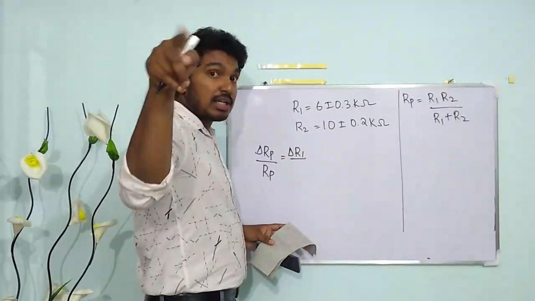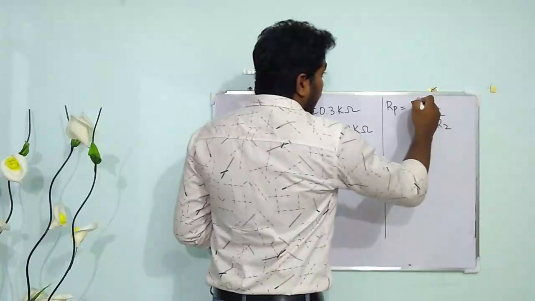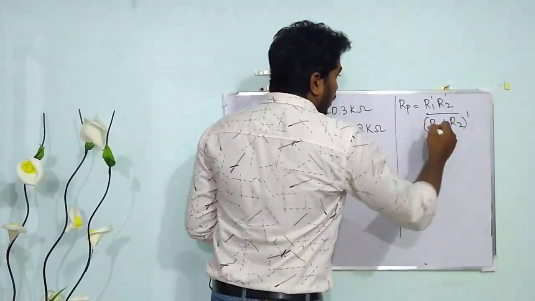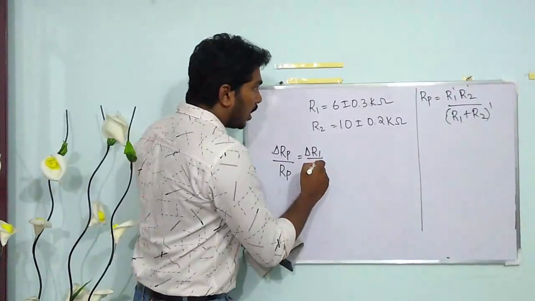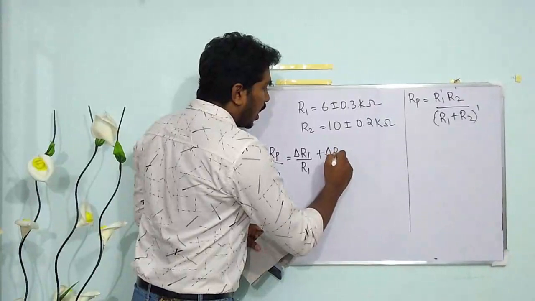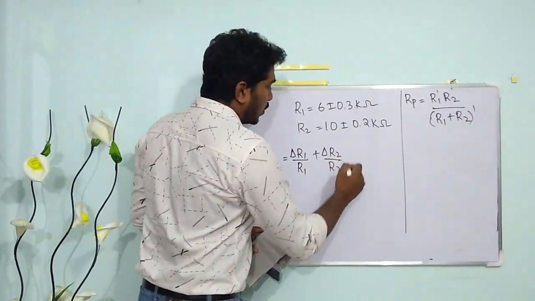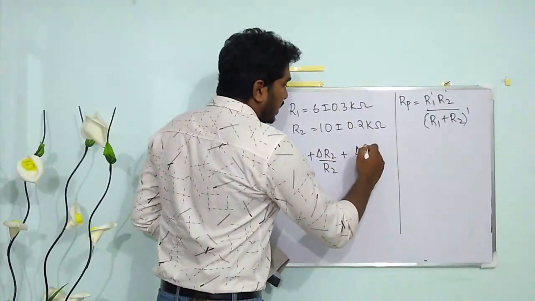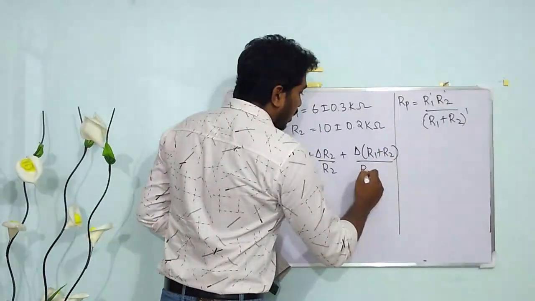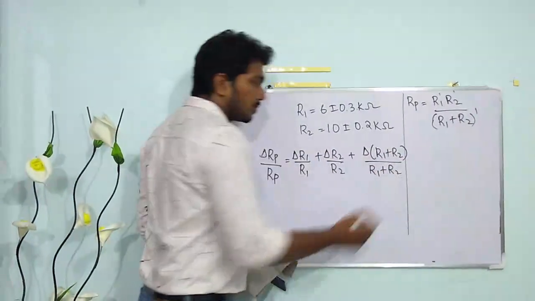Remember the first method I taught you in the first problem. Here the power is 1 everywhere.